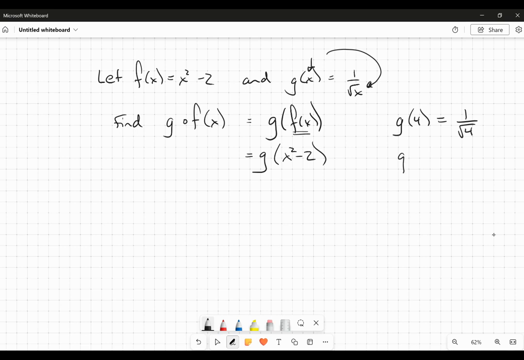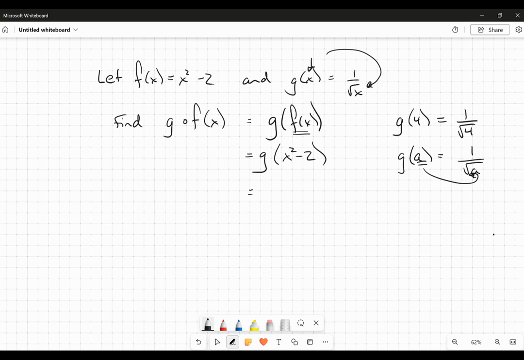If I've got g of, let's say a, this is going to be basically the square root of a, and I'm going to divide that into 1. So whatever's inside here gets square rooted, and it gets put in the denominator here. So that's what g does to whatever's within the parentheses behind it.